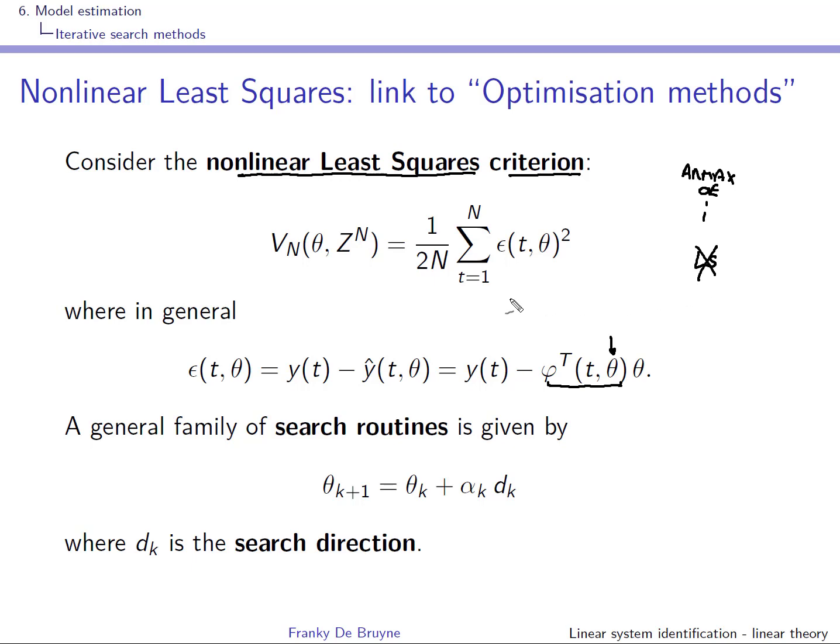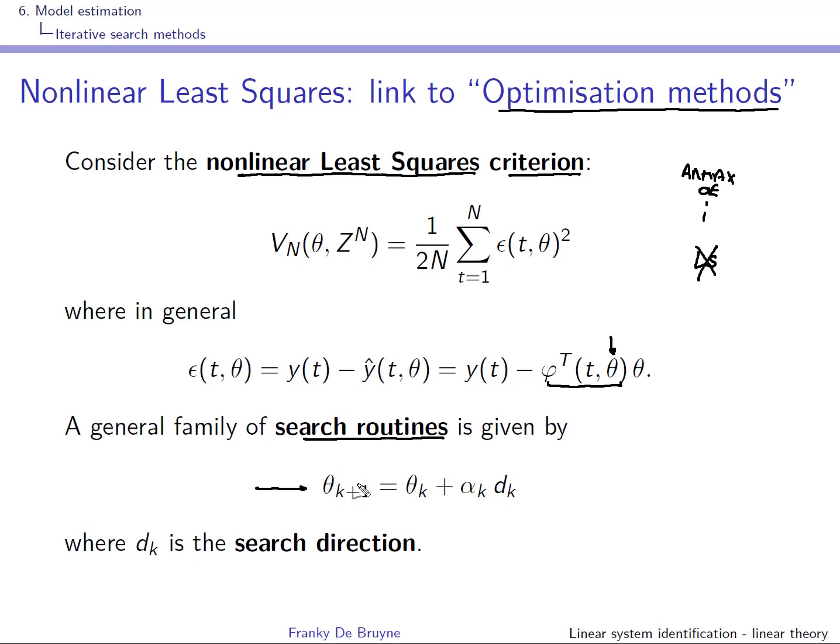So this means that we need to use numerical methods, and these have been covered in the course of optimization methods, right? So we have to use this general family of search routines that is described by this equation over here.